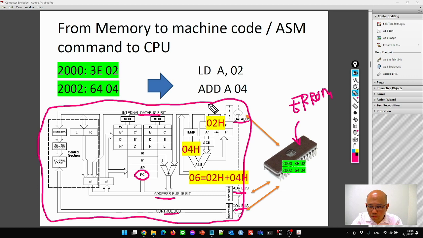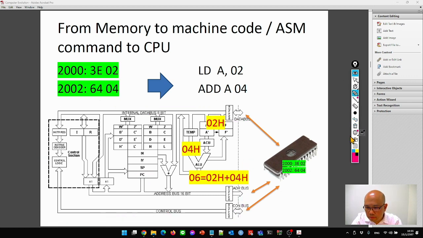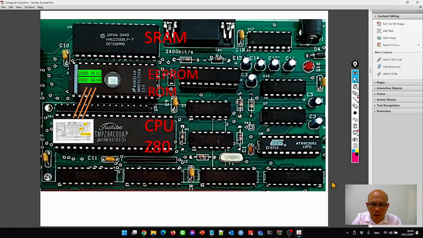Okay, now we move to the next line. Here is the CPU, this is the EEPROM memory, and here is the static memory SRAM, and this is the architecture in the CPU.